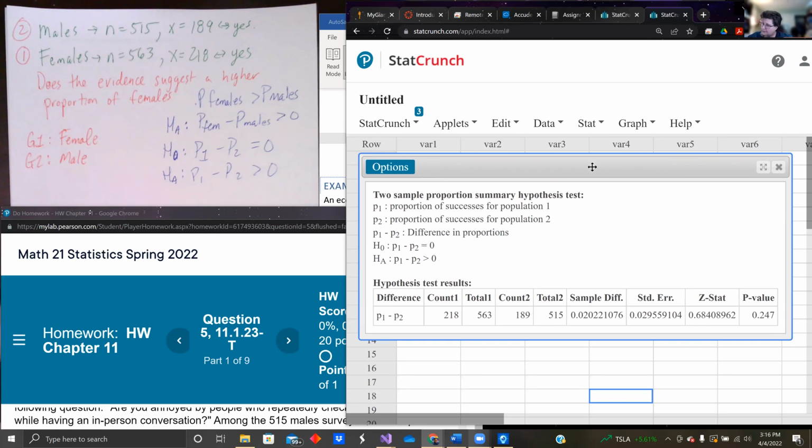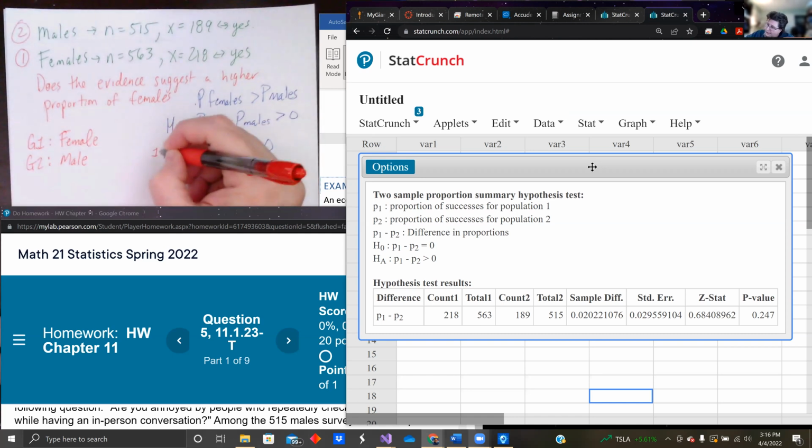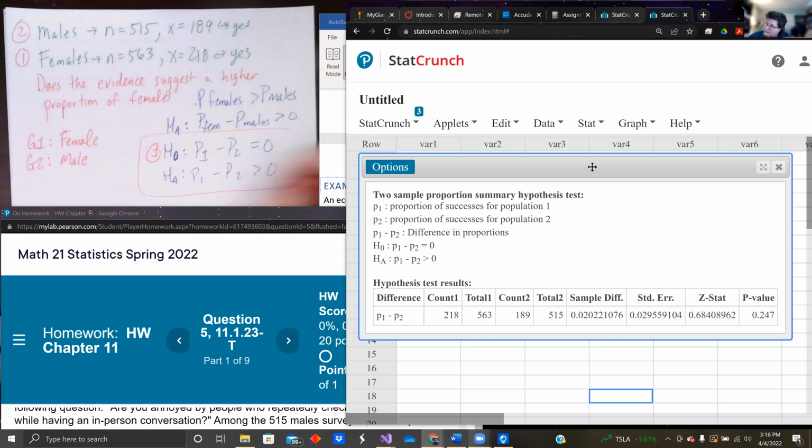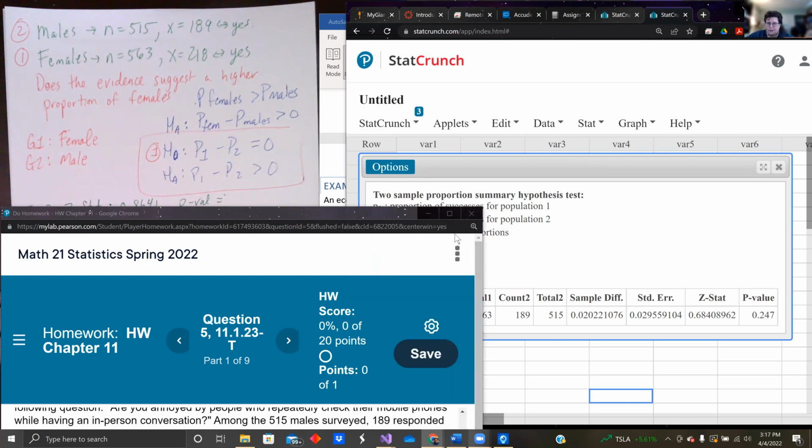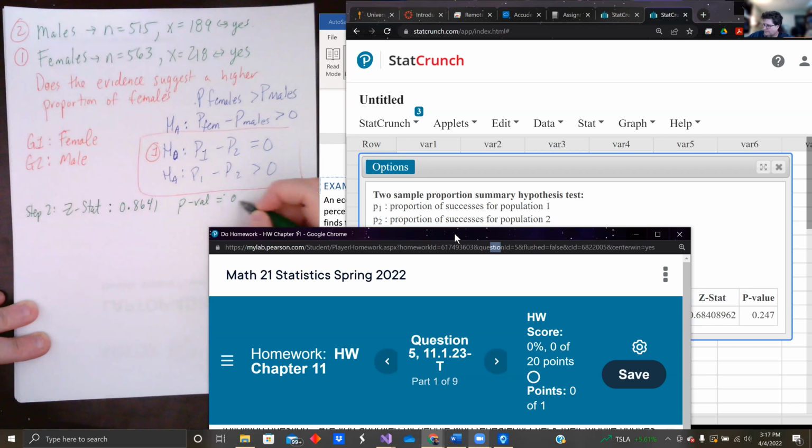Okay, well, this was step 1 right here. Step 2 is writing down my z-stat, which is 0.6841, and my p-value is 0.247.